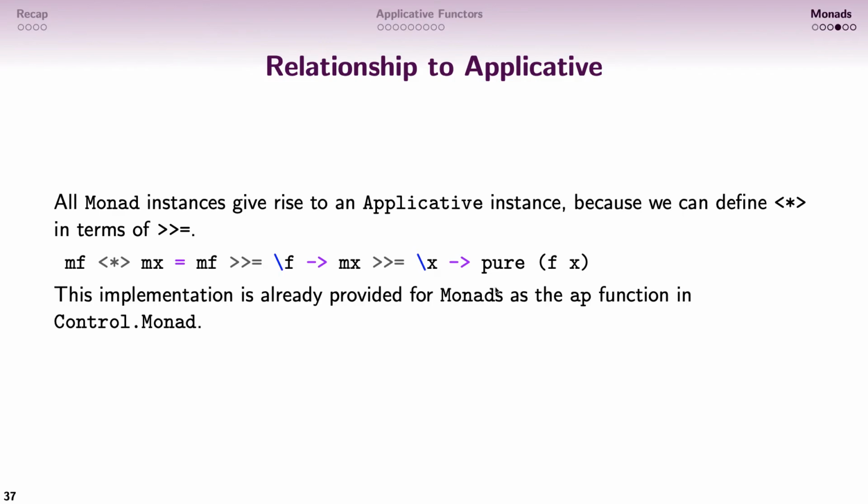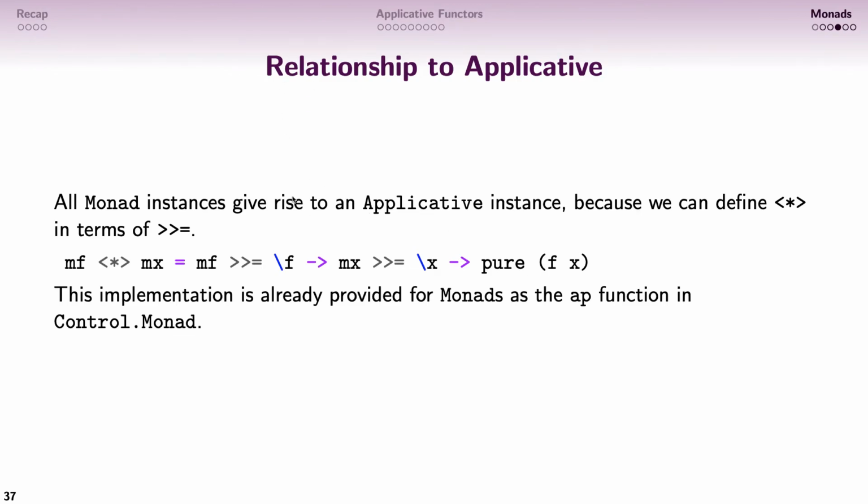And this implementation is called ap. The word ap is provided in the Haskell standard library, so if we ever want to define a monad instance and then define the applicative instance rather than the other way around, which is how Haskell normally expects it to be done, we can just define star using ap and then define bind ourselves, right?